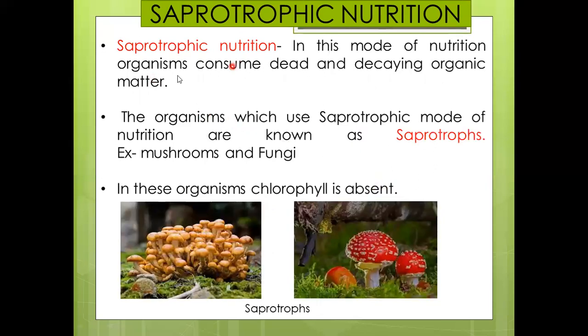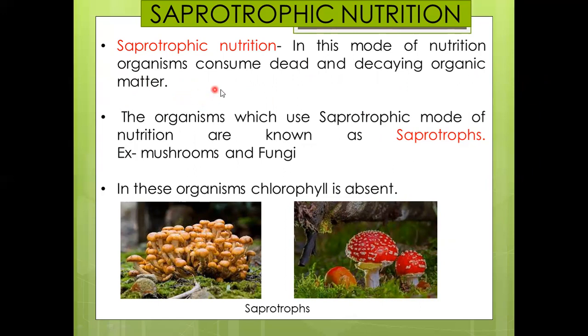Now, saprotrophic nutrition. In this mode of nutrition, organisms consume food from dead and decaying matter. They get food from dead and decaying organic matter. Remember this point, children. What is saprotrophic nutrition? It is the mode of nutrition in which organisms consume dead and decaying organic matter.